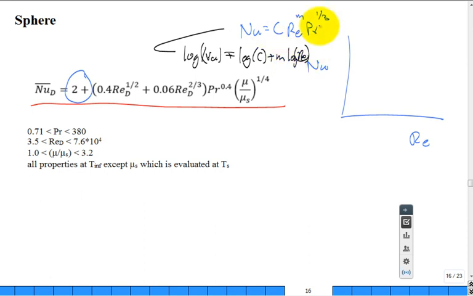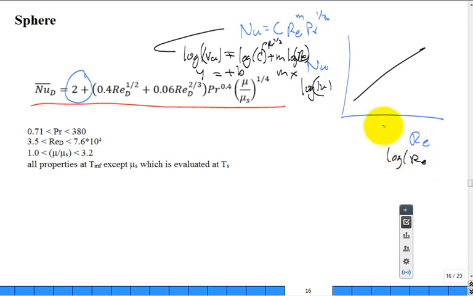And then put that Prandtl to the 1/3 in there too. But the whole thing is finally you have y equal to mx plus b. So if you plotted the log of the Nusselt versus the log of the Reynolds, this correlation looks like a straight line with the slope m.